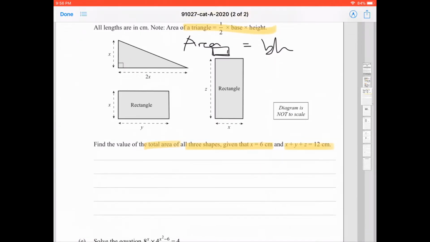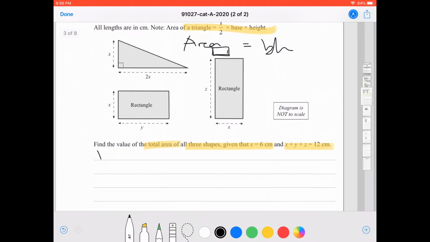Okay, so you're asking for total area. And total area is, of course, the area of the triangle plus the area of our horizontally orientated rectangle plus the area of our vertical rectangle.